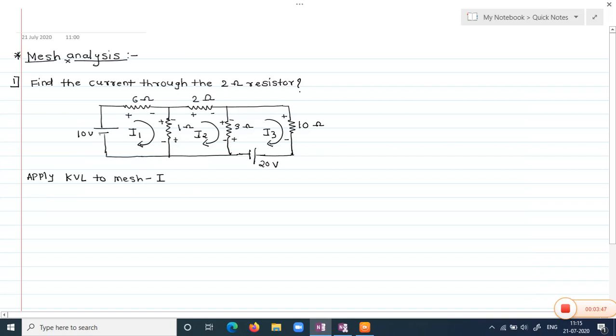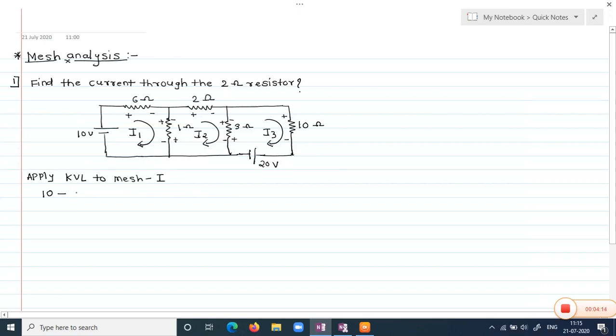We start from the 10 volt source, that is 10 volts. The current flowing through the 6 ohm resistor is from positive to negative, which means the final drop is negative. That's why we have considered a negative sign here. What is the current flowing through the 6 ohm resistor? The current flowing through the 6 ohm resistor is I1.